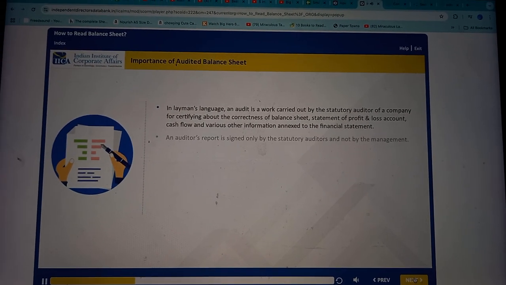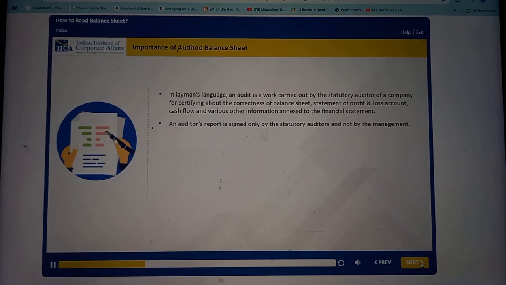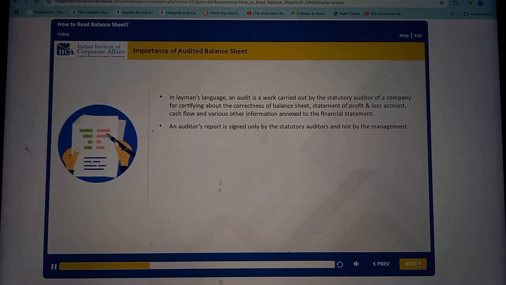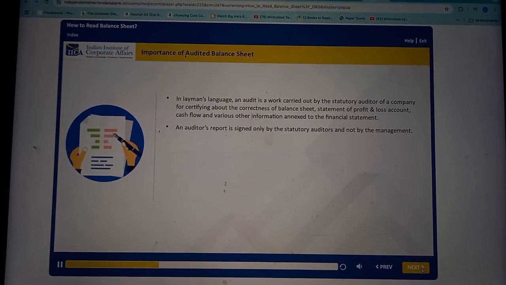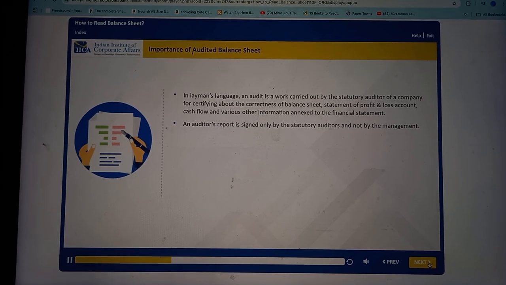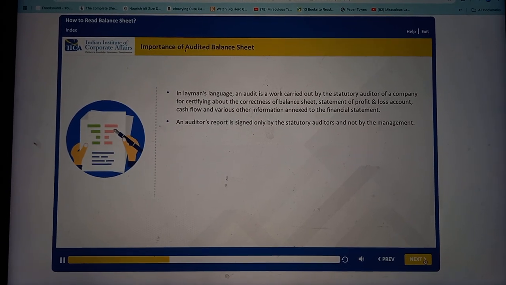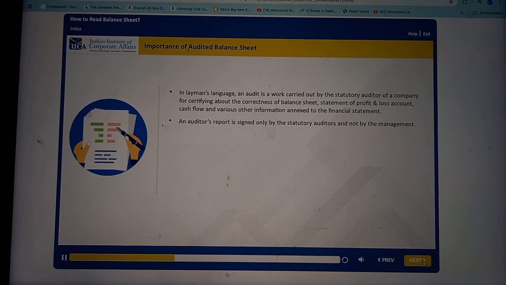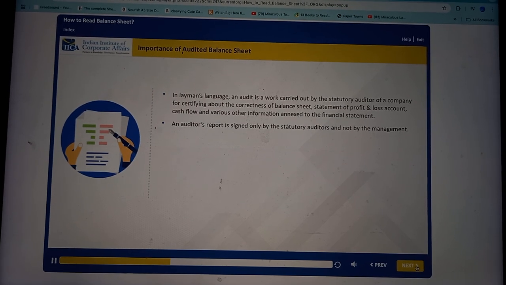Friends, auditor's report is signed only by the statutory auditor and not by the management, unlike the balance sheet, statement of profit and loss account, and all the notes and significant accounting policies, which are signed by both the management as well as the statutory auditor.